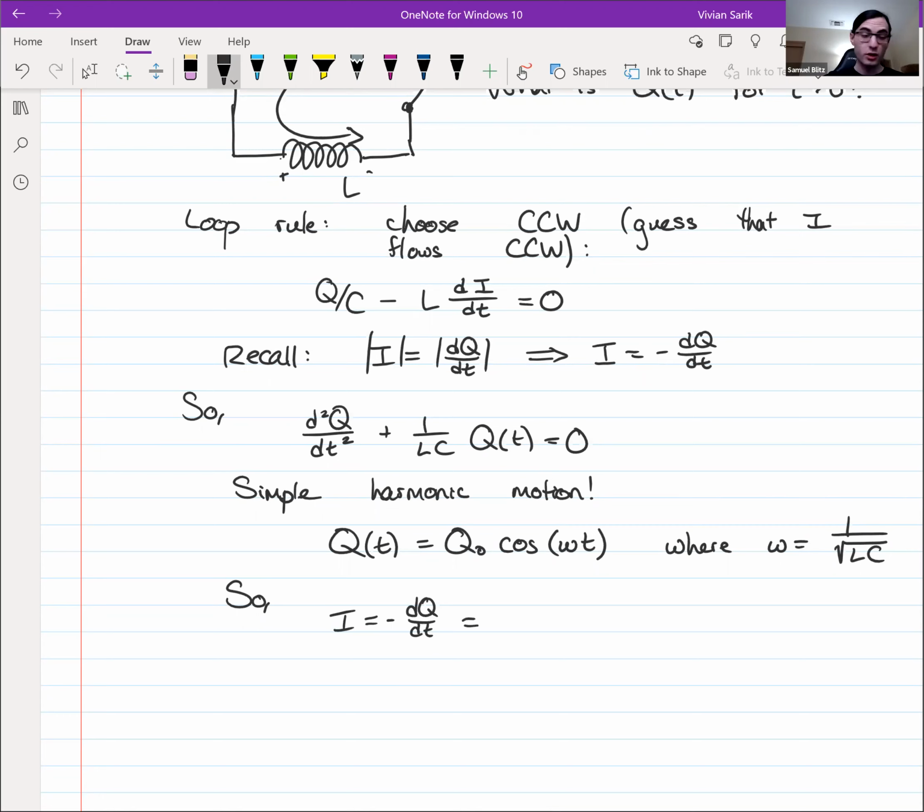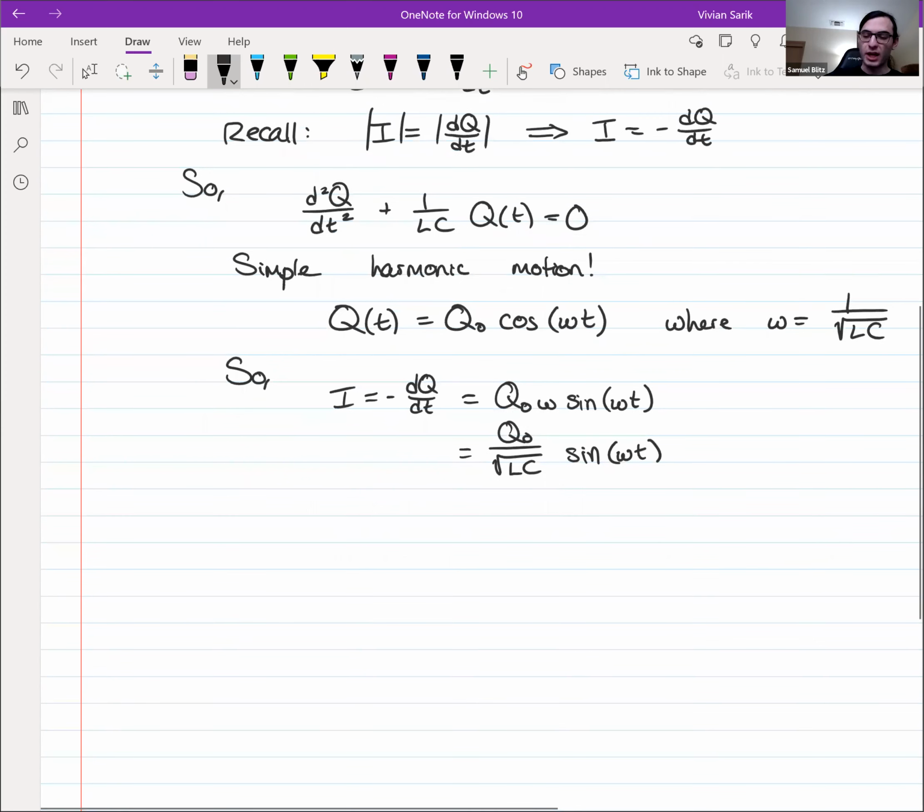This gives us that the current is negative, the negative sign cancels out with taking the derivative of the cosine. So the current is Q naught omega times sine omega t, which can be simplified to Q naught over square root LC times sine omega t. And then we just label Q naught over square root LC as I max, where I max is Q naught over square root LC.